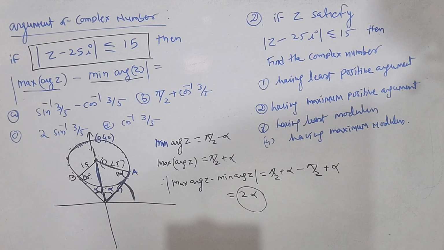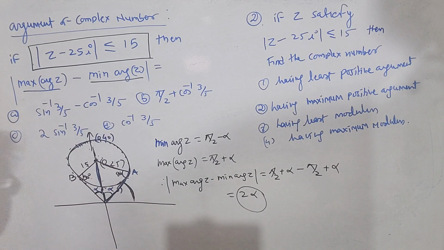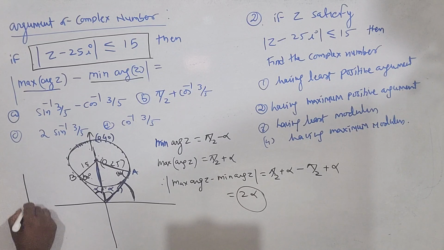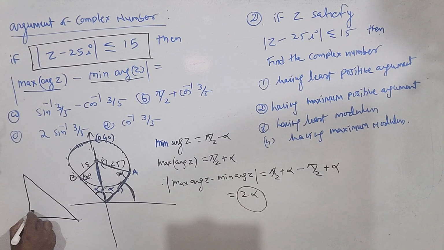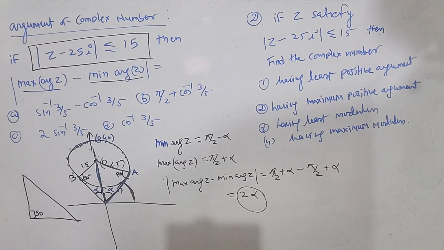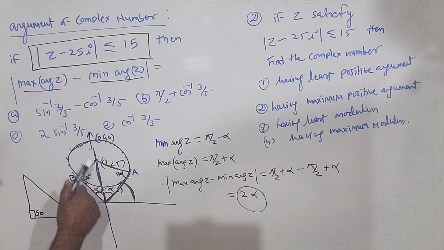Now look at the options. In the options, we are having sine inverse and cos inverse. Here comes the concept of trigonometry and triangles again. Correct? See, look at this triangle. This triangle I am drawing over here. This is your 90 degrees. The length of the hypotenuse, that is opposite to 90 degrees, is 25.